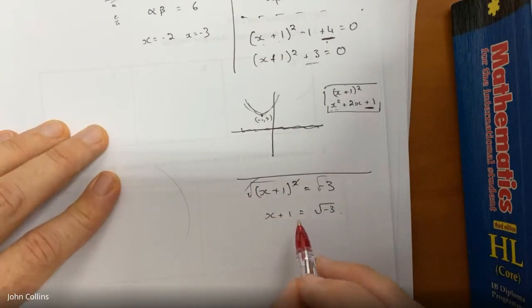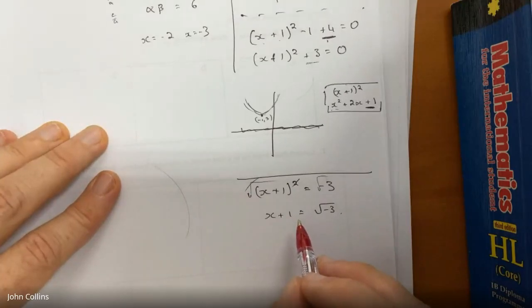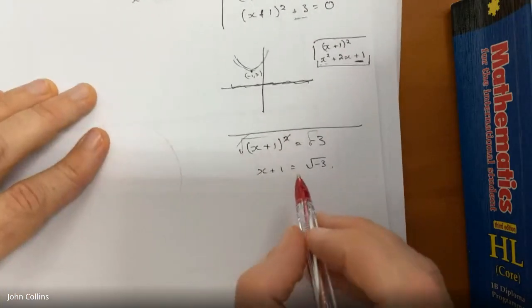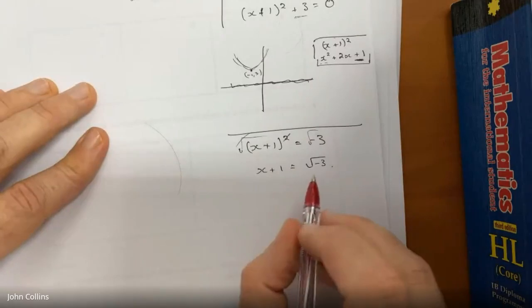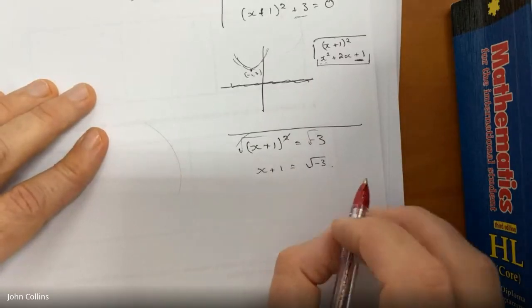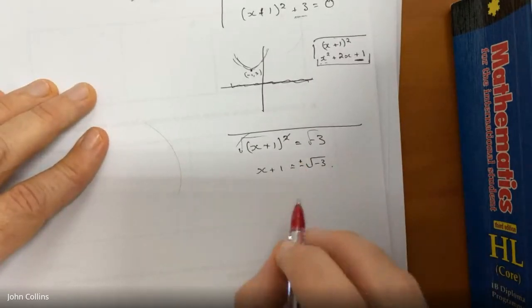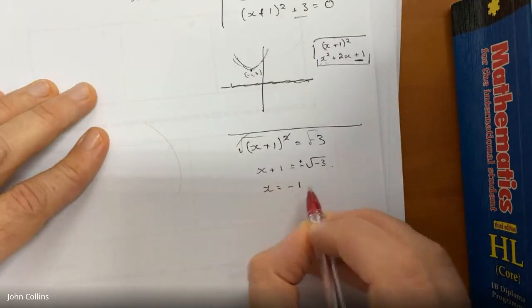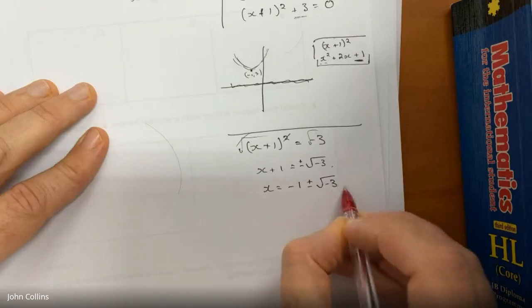Now, without knowledge of complex numbers, you perhaps would just give up here, and you would stop, because that's not real. But there are complex roots. I should stop saying imaginary. I don't like that word. Plus or minus, of course. Subtracting the 1 from both sides, you get minus 1 plus or minus the square root of minus 3.